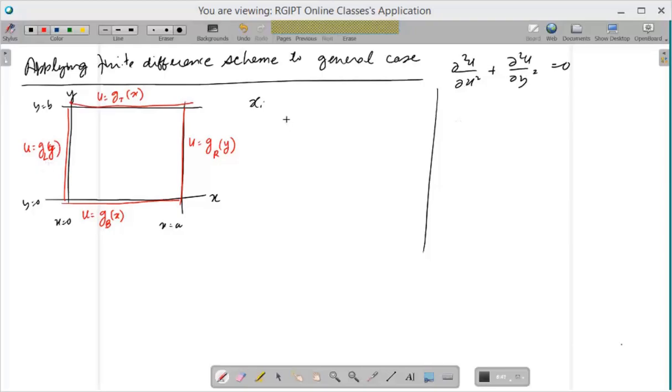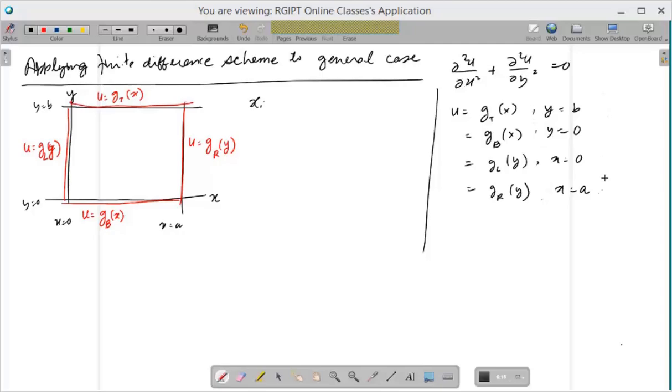Mathematically, what it means is that u equals g_t(x) when y equals b, u equals g_b(x) when y equals 0, u equals g_l(y) when x equals 0, and g_r(y) when x equals a. These are the four boundaries on which I've specified the functions.